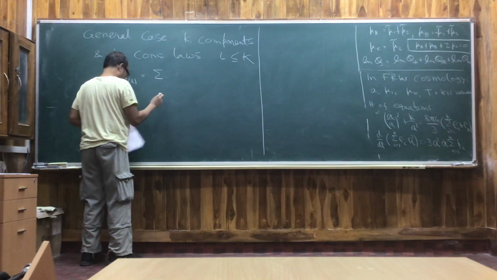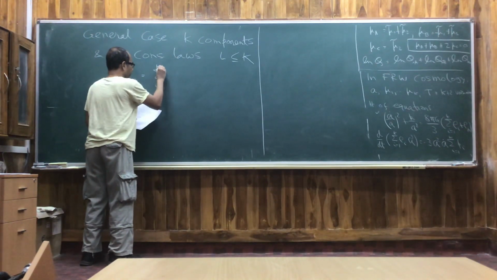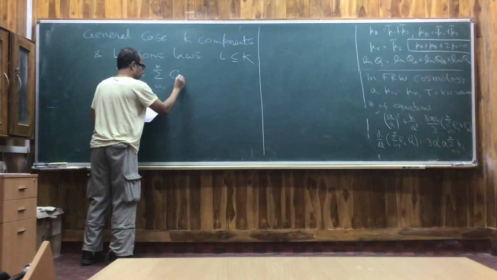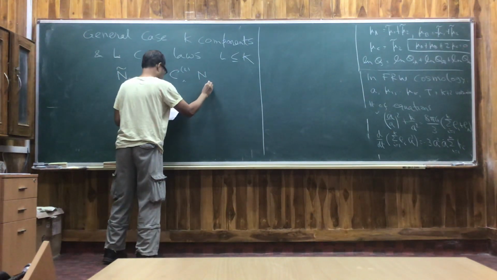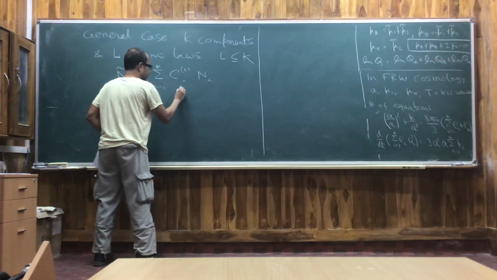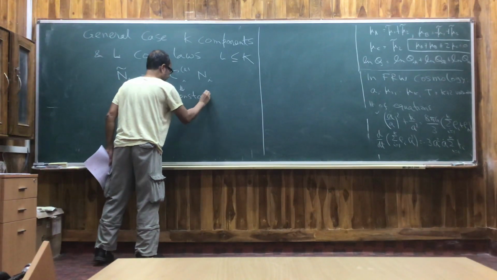So write them as n tilde L equals sum over i of C L i N i. These are some known constants that determine which combinations are constant.